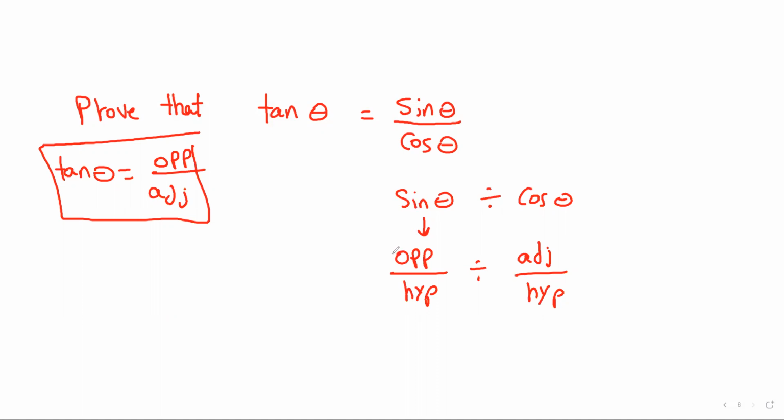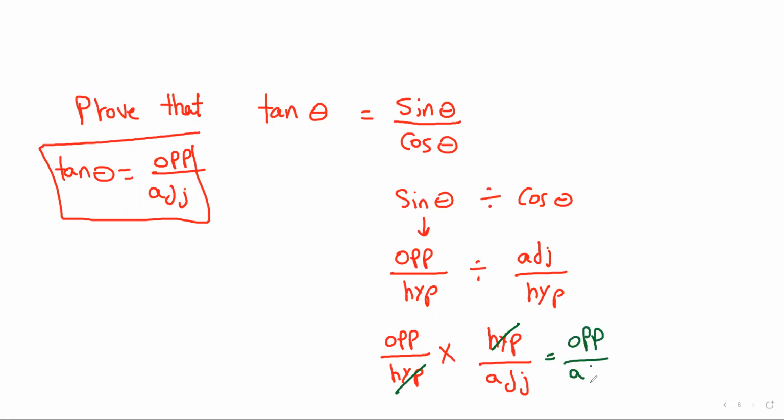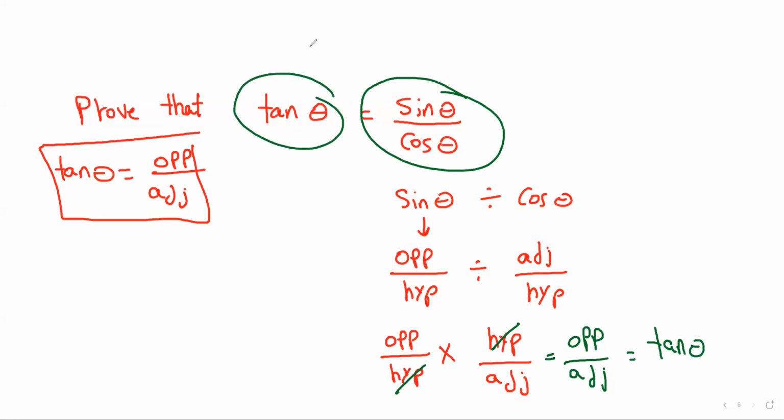Deal with them as dividing fractions: keep, change, flip. So opposite over hypotenuse, change to times, hypotenuse over adjacent. We have hypotenuse at the top and hypotenuse at the bottom, cancel them out. We are left with opposite over adjacent, and opposite over adjacent equals tan theta. So sine theta divided by cosine theta is the same as tan theta.